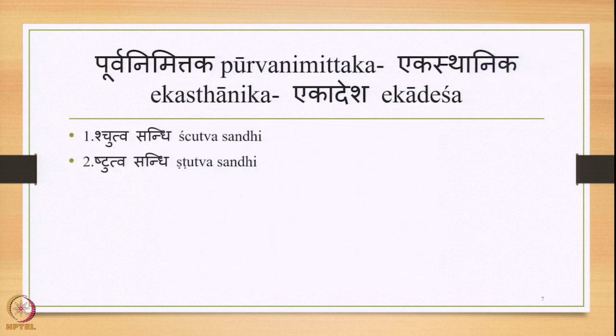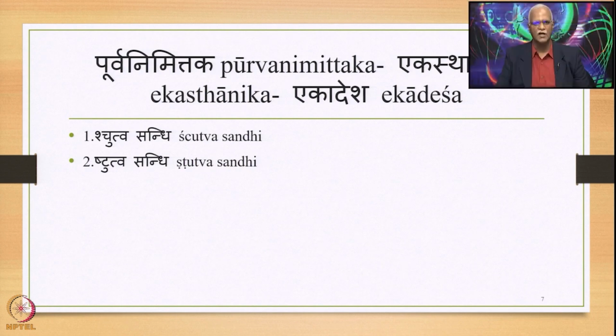We studied 2 instances of this Purva Nimittaka Ekasthanika Ekadesha, and this depended upon the meaning of the instrumental case which was used in the sutras which described Shchutva Sandhi and also Shtutva Sandhi. So the sutras were Stoho Shchunashchuhu and Shtunashtuhu.